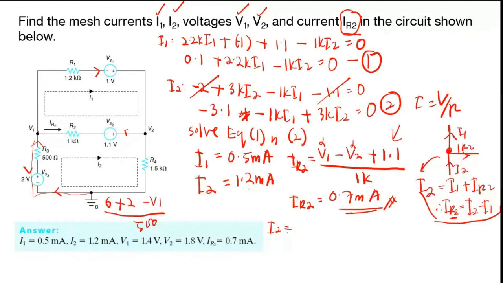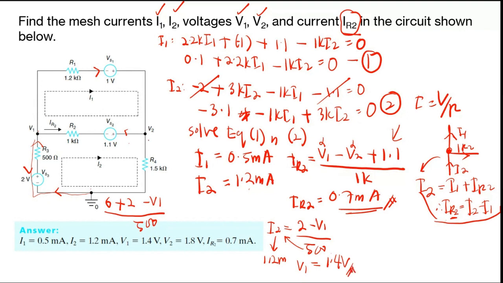So that means your I2 is actually equal to 2 minus V1 over 500. So you can just substitute this I2 with 1.2 milli times these two, and then you can get V1, where your V1 is equal to 1.4 volts.